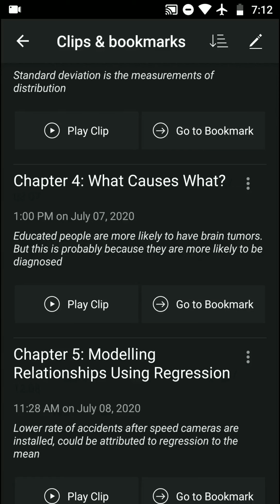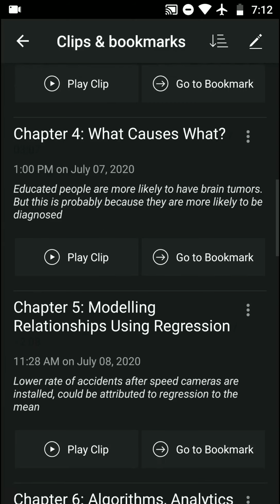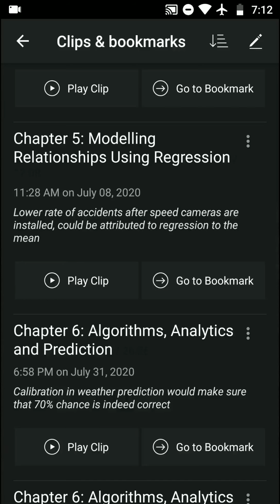But what's happening is that they're more likely to be diagnosed in the first place. Educated people maybe have more money, or for whatever other reason, are more likely to be diagnosed. Interesting idea.